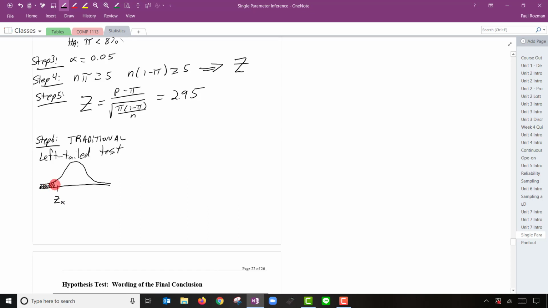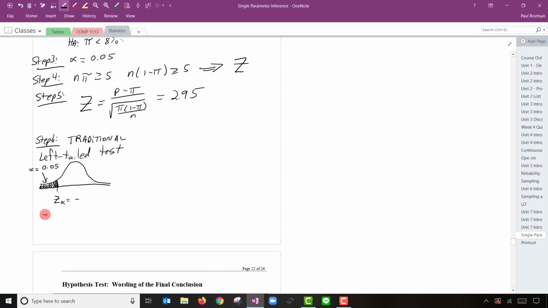All of my error will be on this one side. In this case, on the left side, because that's a left-tailed test. All our area is on this end. We could look up 5% in our negative Z table, and we'll get our answer.